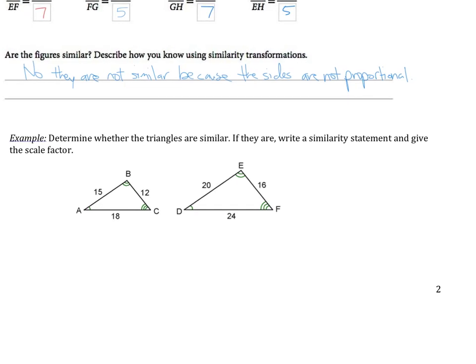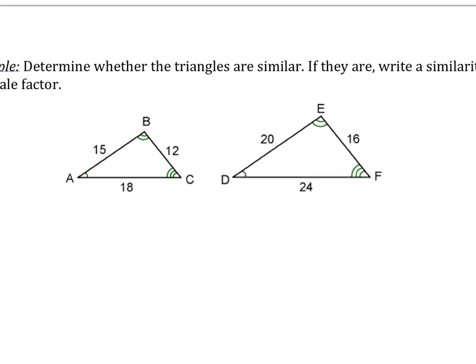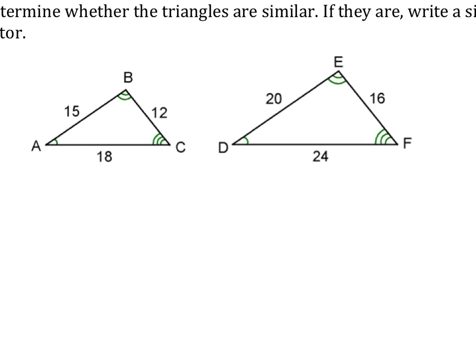So then our next example says determine whether these triangles are similar. If they are, write a similarity statement and give the scale factor. So we have triangles ABC and DEF.